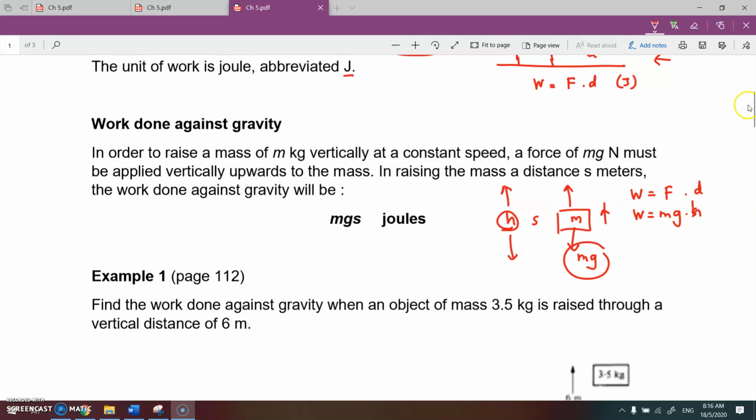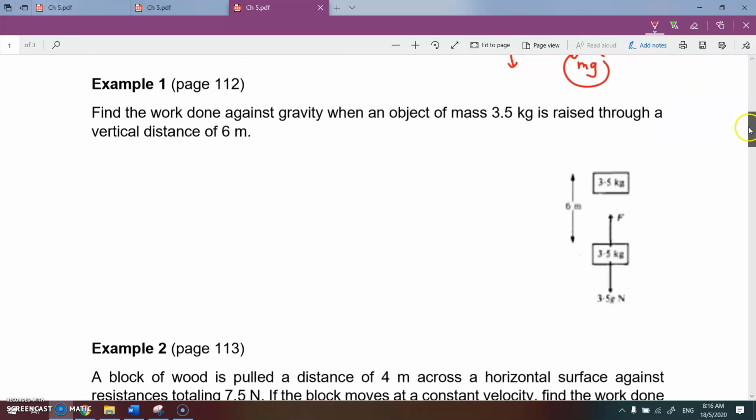Okay, we look at example 1. Find the work done against gravity when an object of mass 3.5 kg is raised through a vertical distance of 6 meters.